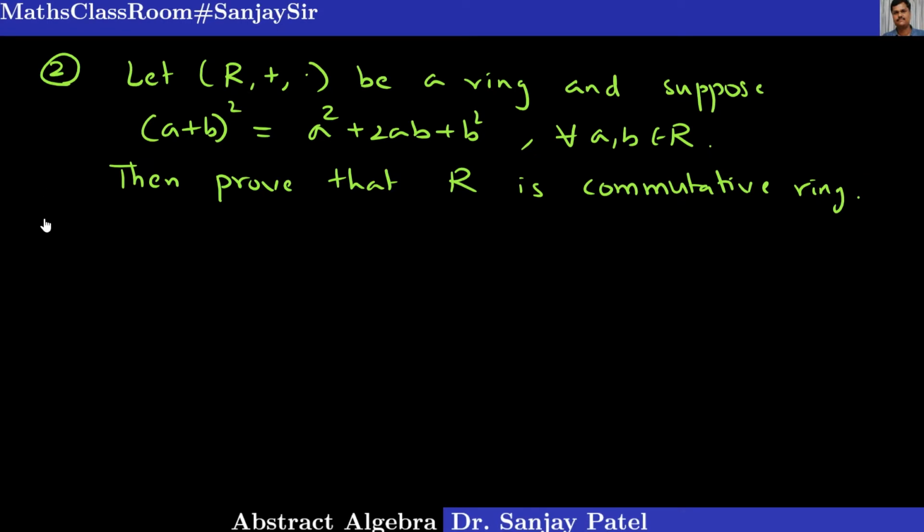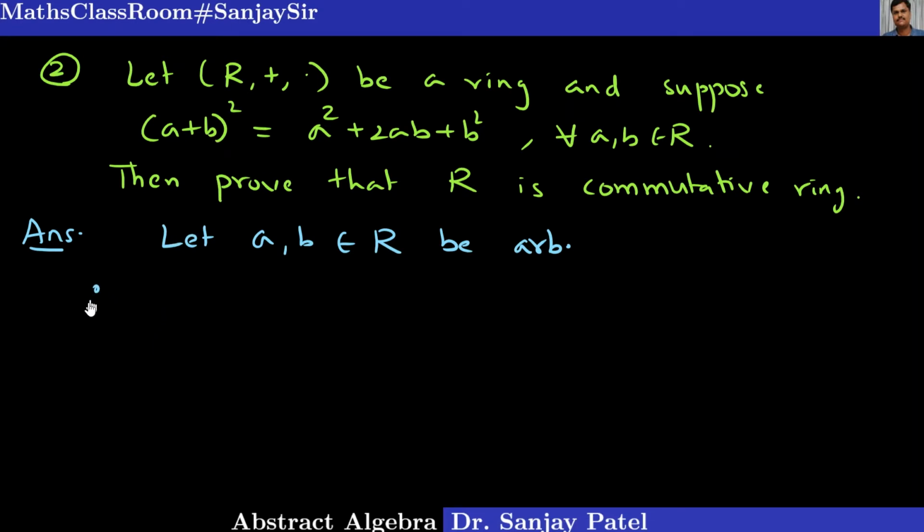So let us see how to do this. To prove a ring is commutative, we must show that A·B = B·A for any two elements A and B. So let us start with A, B belonging to R be arbitrary, and we want to show that AB = BA. So I start with this given hypothesis.